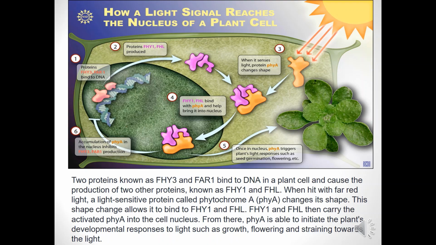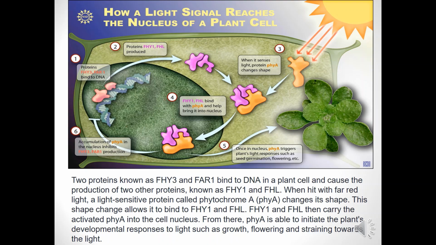They have the light signal from the sun, for example. When this process occurs, the far red light will be absorbed by phytochrome A. When phytochrome A absorbs the far red light, it will change its conformation. So it changes its shape.